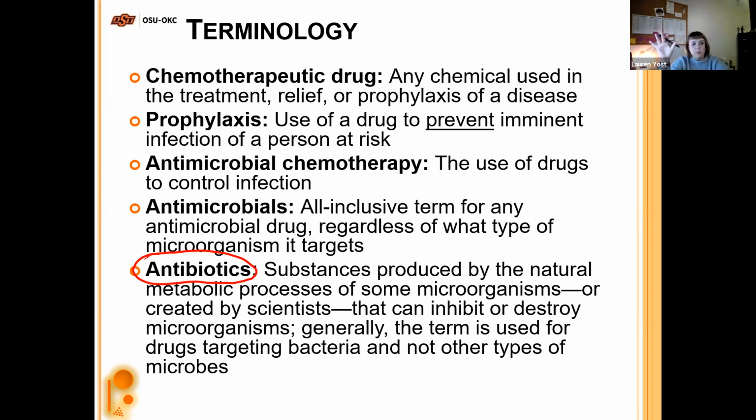I'll say microorganisms, but generally the term is used for drugs that are targeting bacteria and not other types.